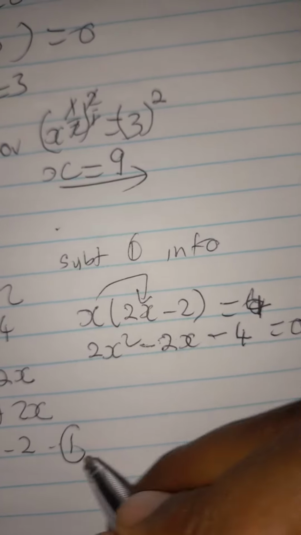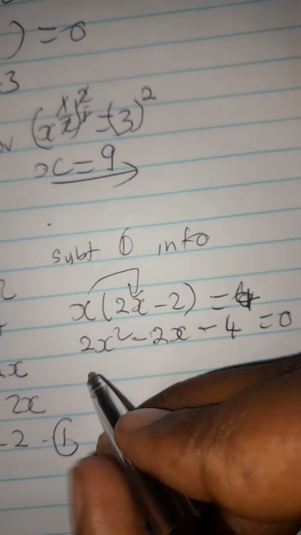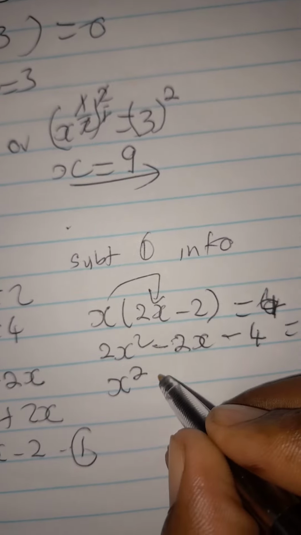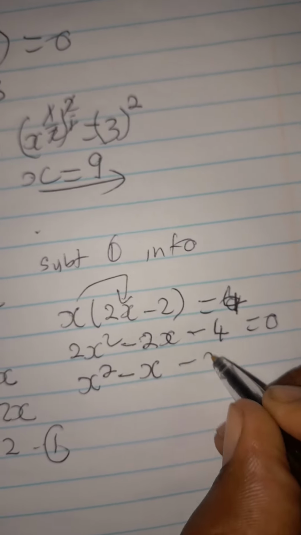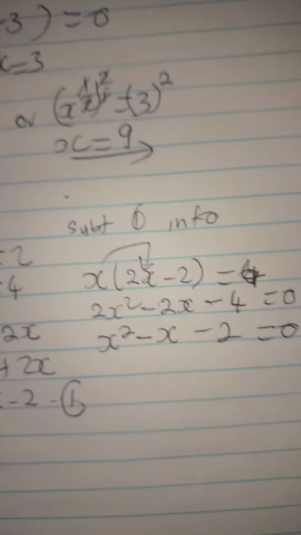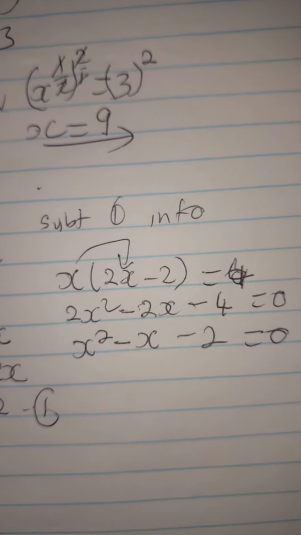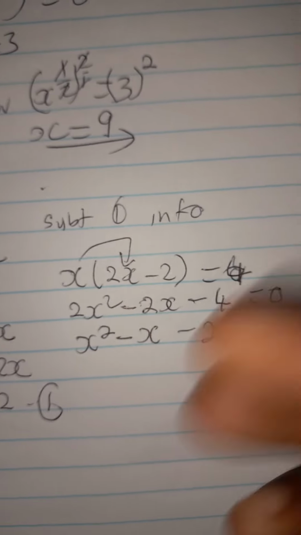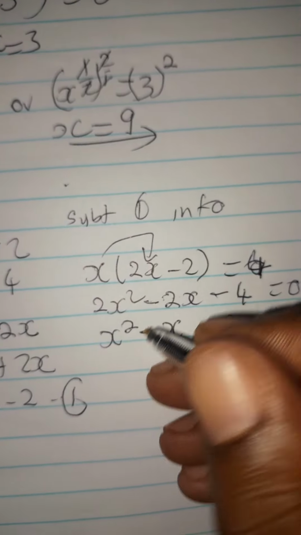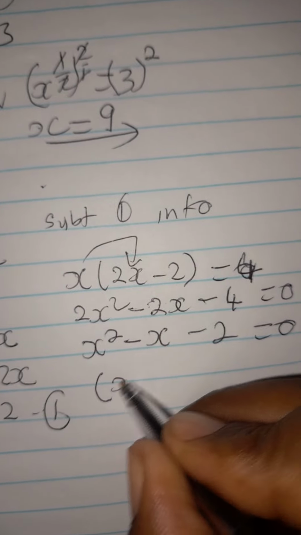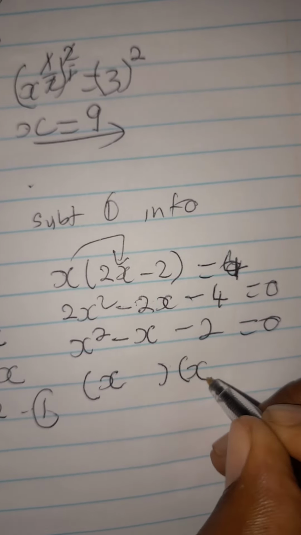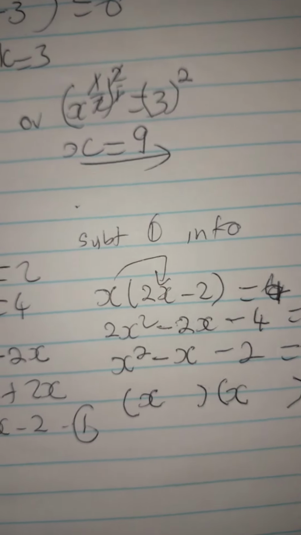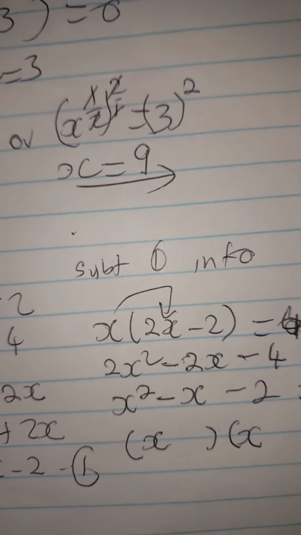Then we can divide everything by 2. 2 is divisible to all in this expression. So in this equation, then we divide by 2. It's going to be x squared minus x minus 2. Right. All right. So now we need to factorize. When we factorize, what are we going to get here? The factors of x squared is x and x, then the factors of 2, that will give us negative 1.